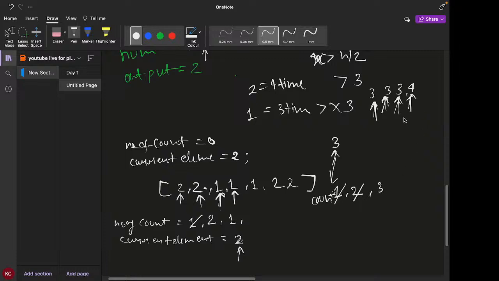But someone comes and votes for another candidate, 4, then definitely 3's vote will be cancelled out, because if 3 wants to win the election, his votes must always be greater than the others'. So someone votes for 4, and 3's vote decreases by 1 and becomes 2.